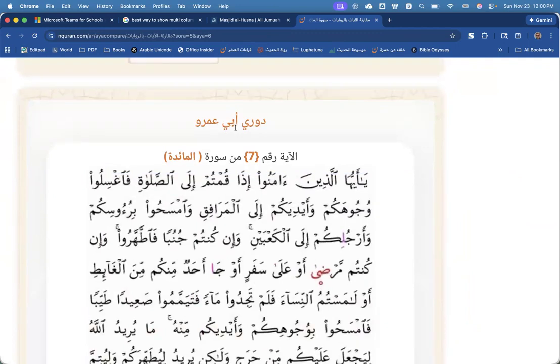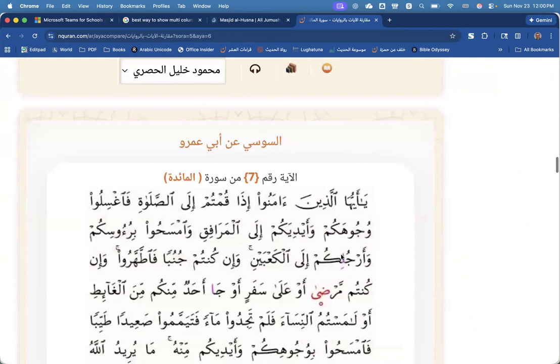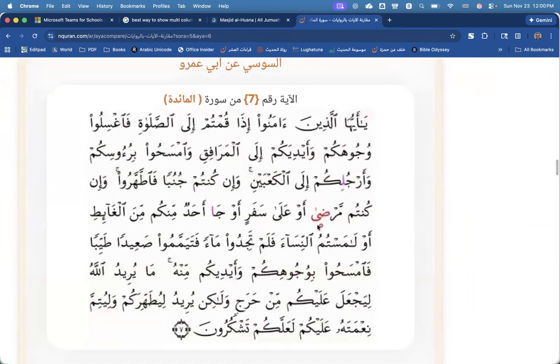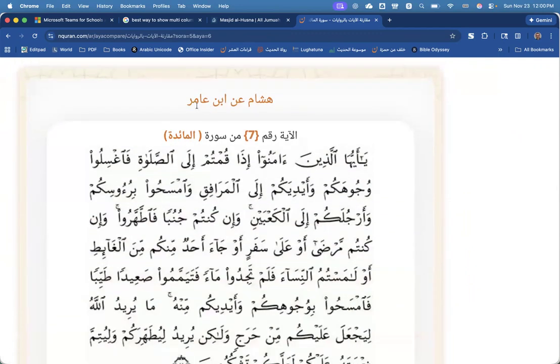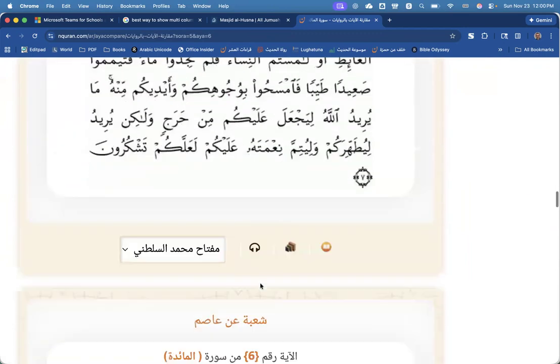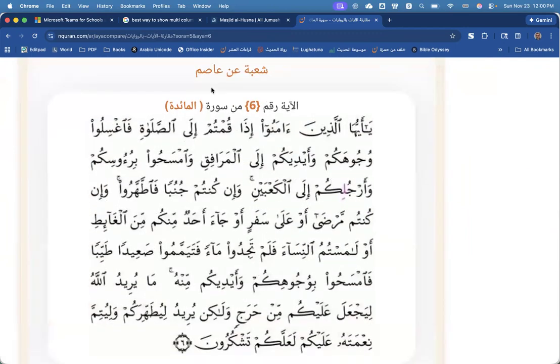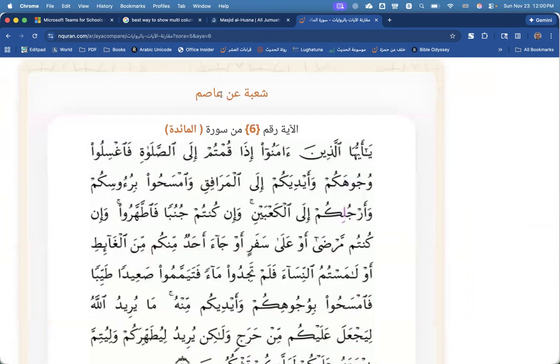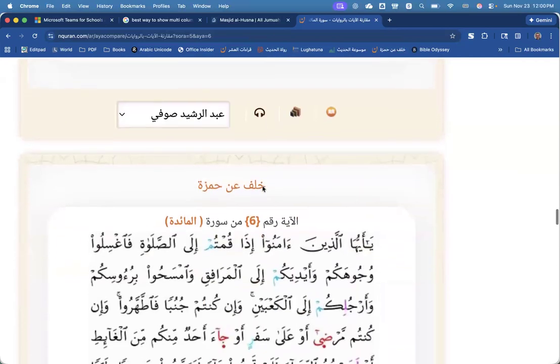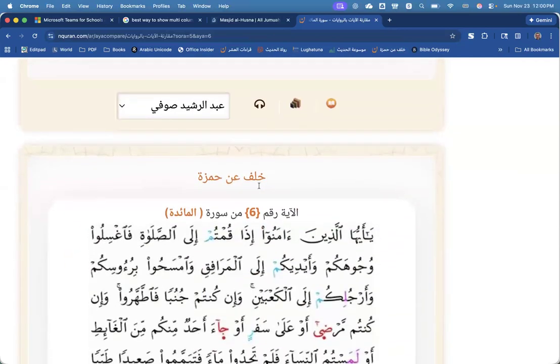This is Abi Amr, also arjulikum. Ibn Amir is normal. Asim. Guess which recitation we read? Hafs an Asim. This is Shu'ba an Asim, a different recitation. We read Hafs an Asim. Khalaf an Hamza is also arjulikum.